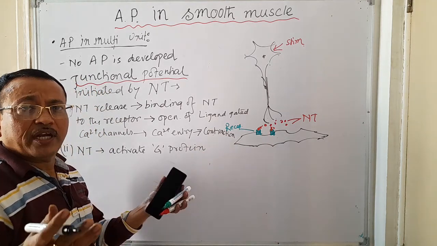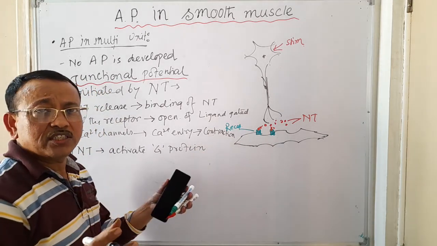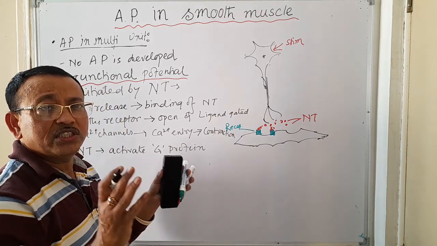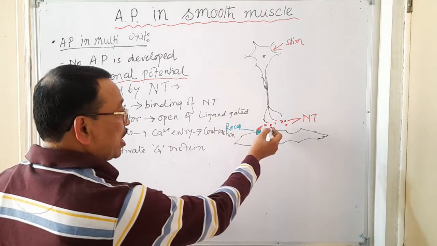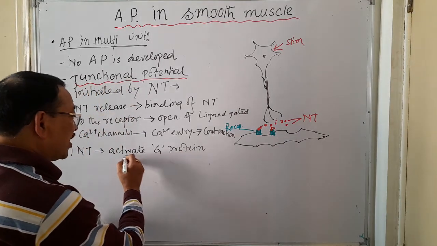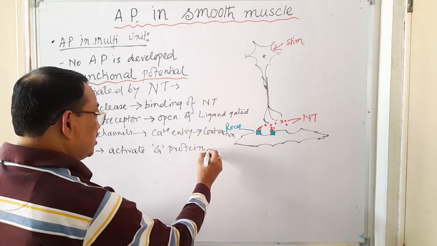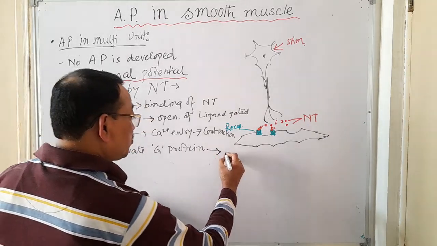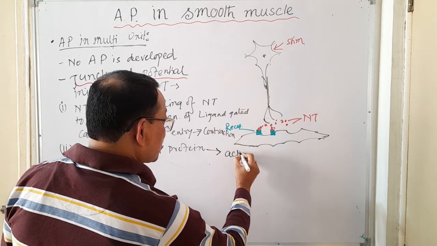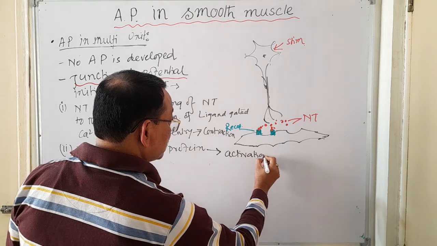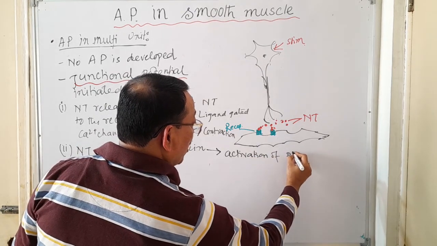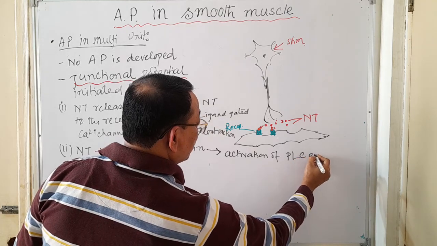In all the membranes, you know, there are G proteins. Similarly, in the smooth muscle membrane also there will be G protein. So this neurotransmitter will activate the G protein. Once the G protein is activated, then what's happened? They will be responsible for activation of the membrane bound phospholipase C enzyme.